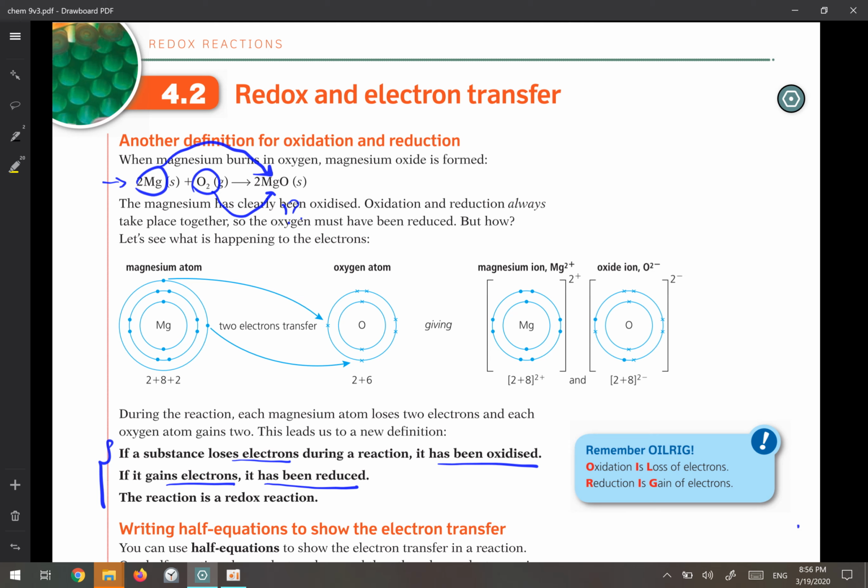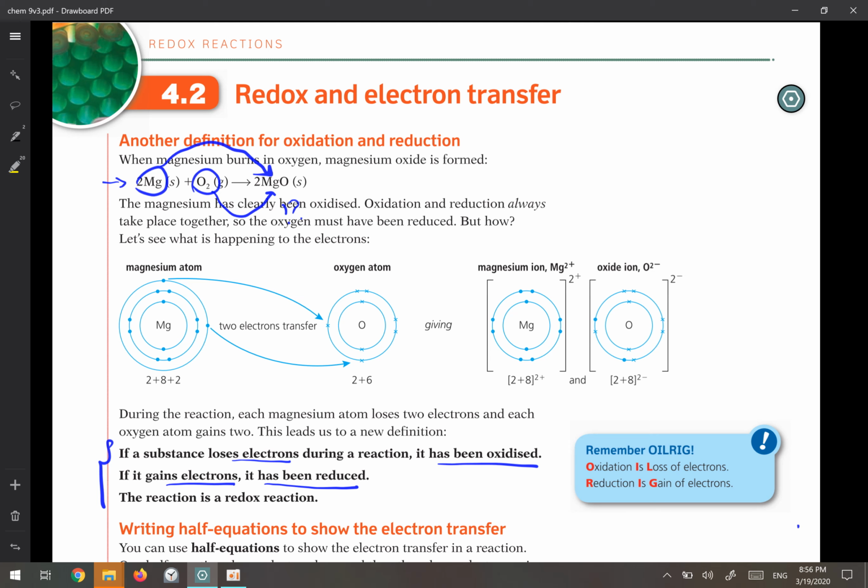So if you want to know if your substance is oxidized or reduced, you simply look at the transfer of the electron. If your substance has lost electrons, that substance is oxidized and you have an oxidation reaction. If your substance has gained electrons, that substance is reduced and you have a reduction reaction.